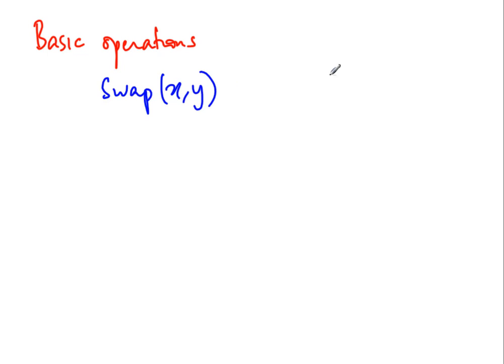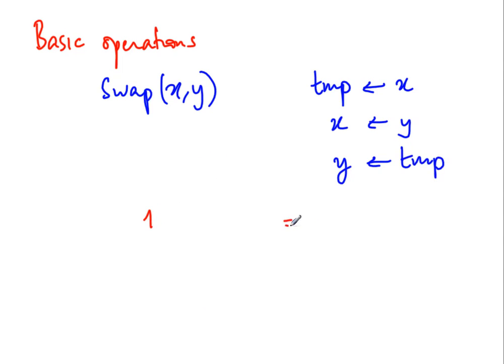Now this has a bearing on something else that we talked about, which is this notion of basic operations. Remember that we gave this example saying that we could have swap x y as a basic operation, or we could say only assignments are basic, in which case we would have to break this up into 3 steps. First we store the value of x, then we overwrite x with y, and then we restore y from temp. Now the point is that one swap is equal to 3 assignments.